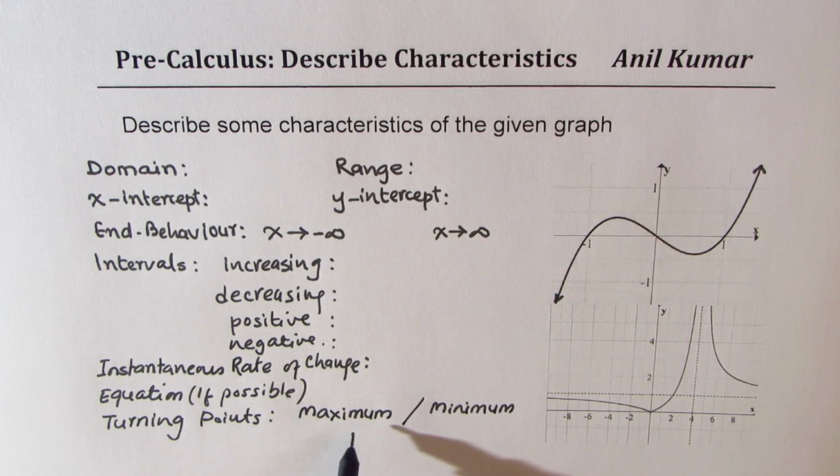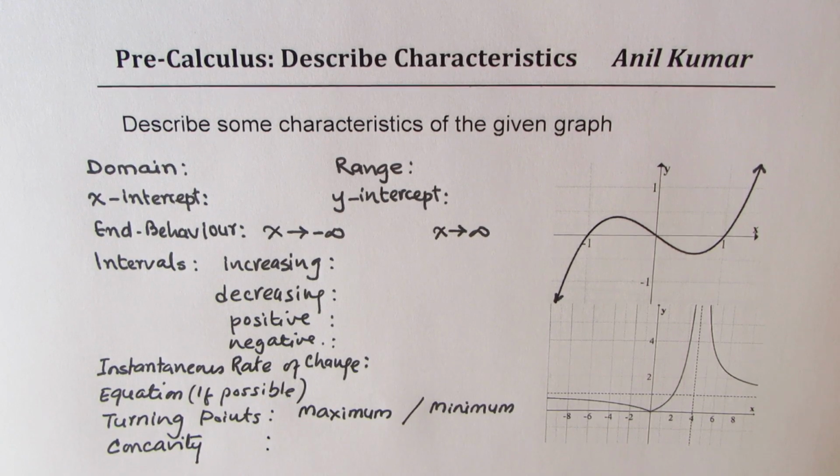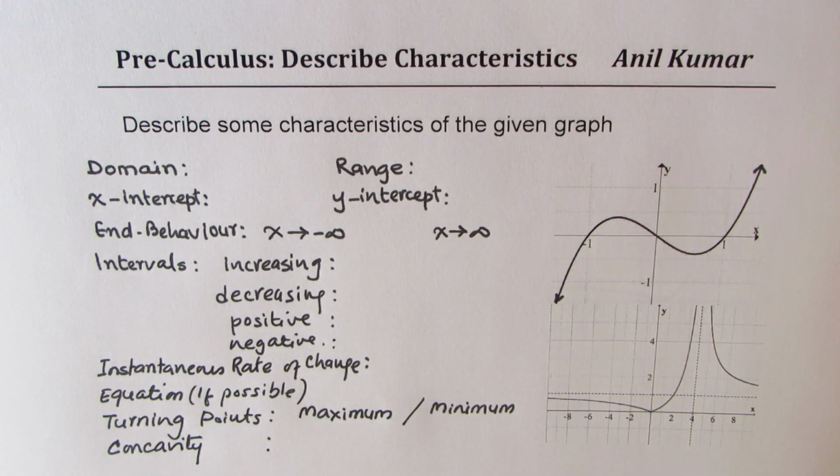So every turning point will lead to maximum and minimum value. At times, we will be interested in concavity of the graph. Right. So these are the characteristics which we are normally looking into when we see a graph.